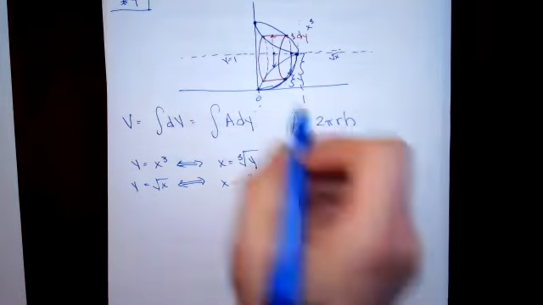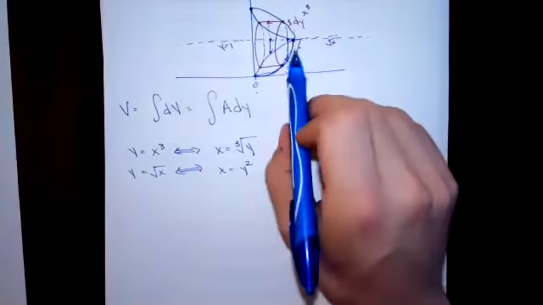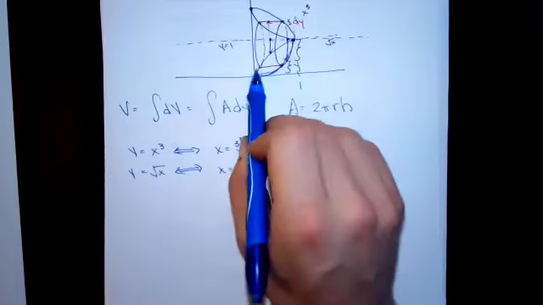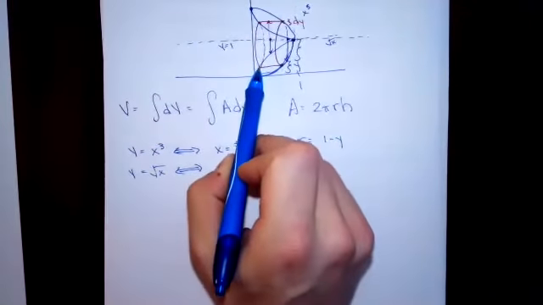The height of these is this distance here. And when we're doing things in terms of y, it should be the right function minus the left function. So this right function was x cubed, which is cube root of y, minus the other function, y squared.